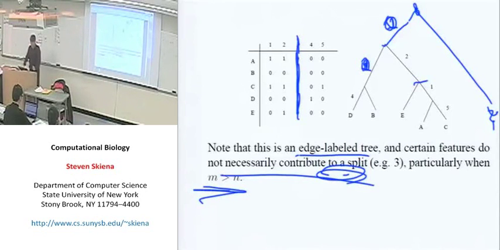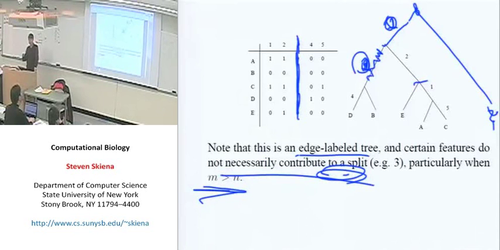Whether or not these populations learned to do anything in that period has no bearing on the species tree. But a feature may or may not have evolved in that time. That's what we would hope to recover from the feature-based tree. Any questions about that?